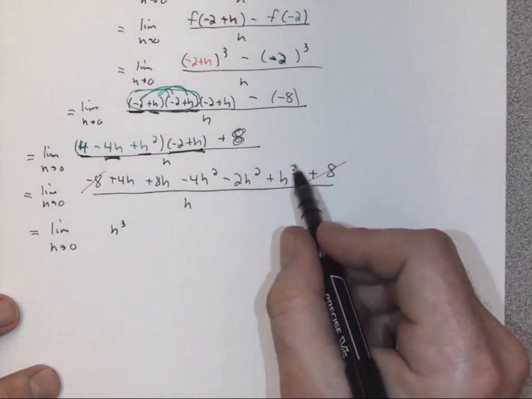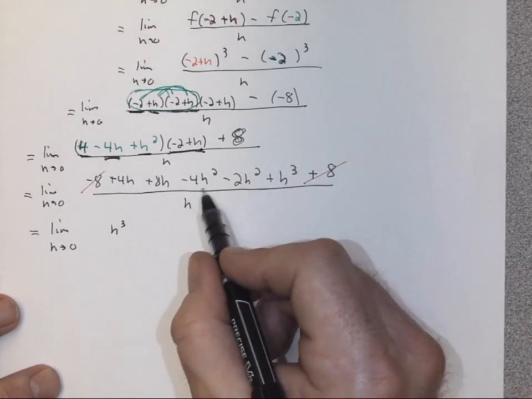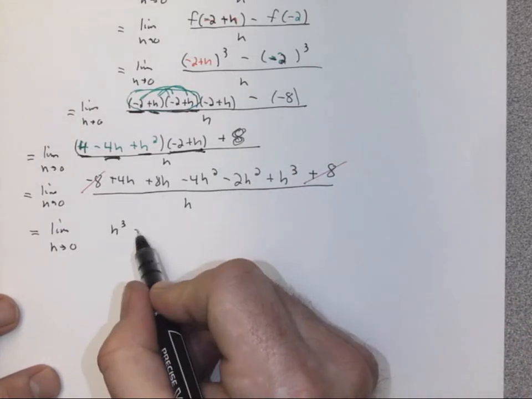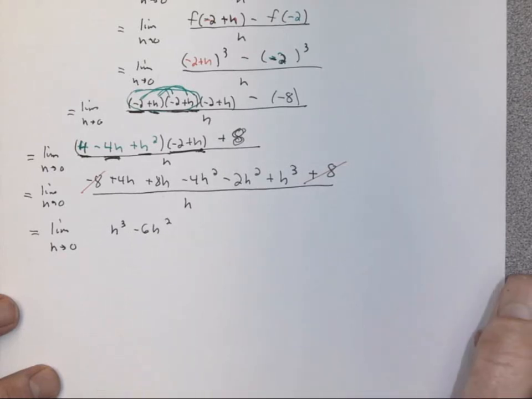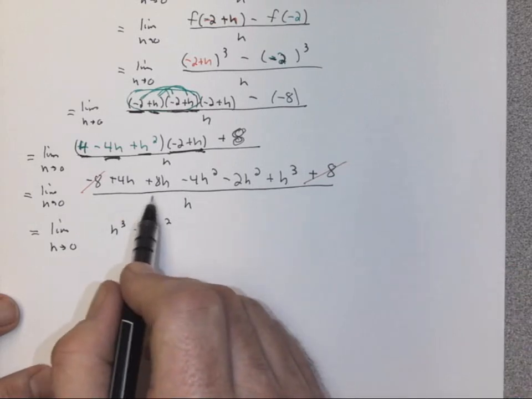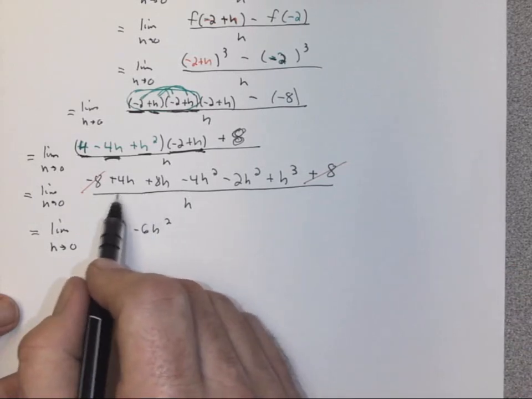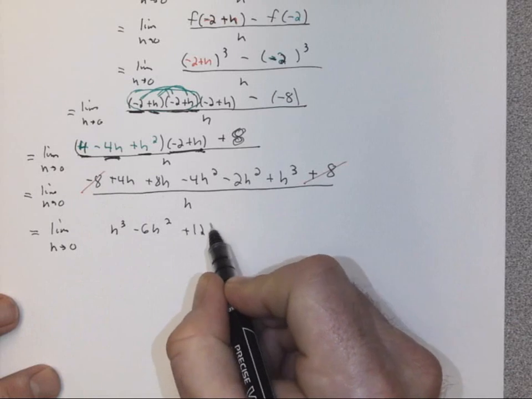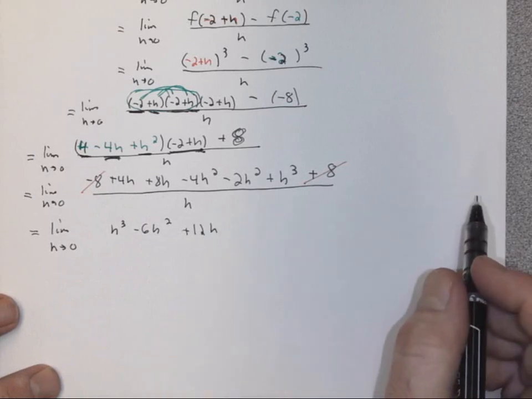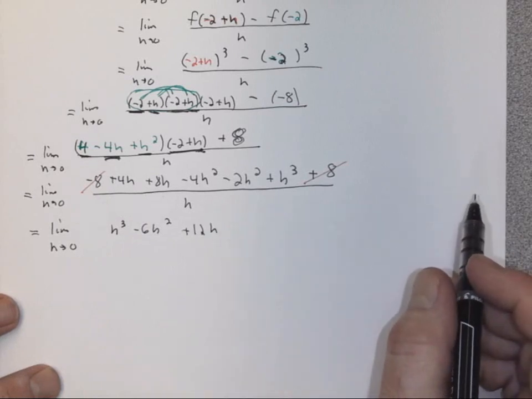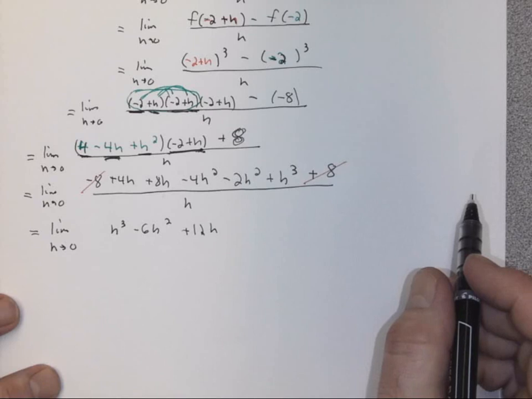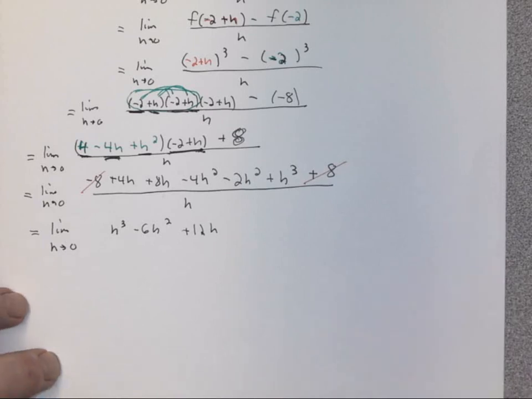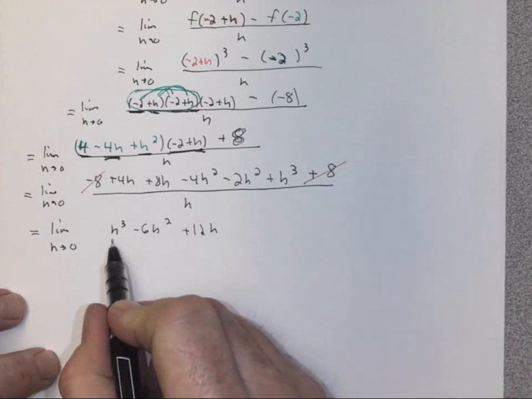That takes care of that h cubed. I have 2 h squared terms, so -4 -2 is -6h squared. Expected a different number than that. Oh well. And then this is going to give me a 12h. And the last I have, I think I'm good. You guys agree? Okay. All over h.